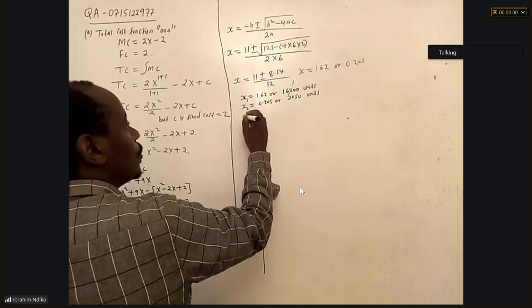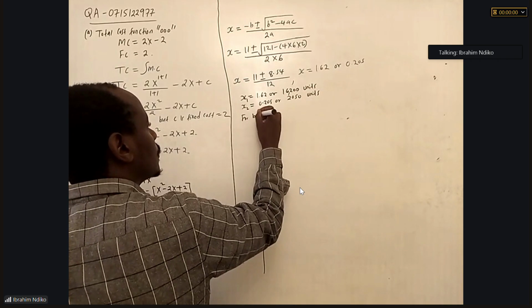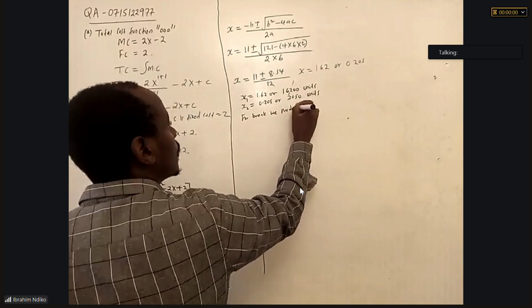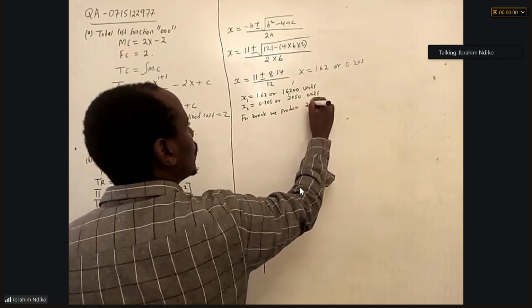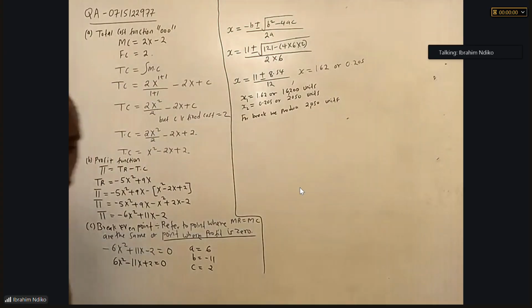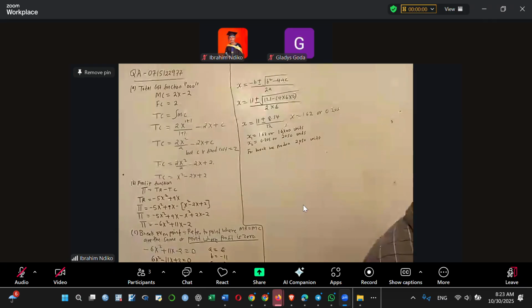Now, for us to break even, we produce the second one, 2050 units. So we just produce 2050 units for us to break even. So we pick the smaller item.